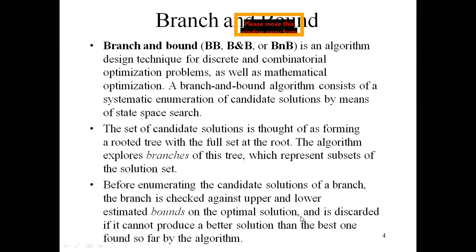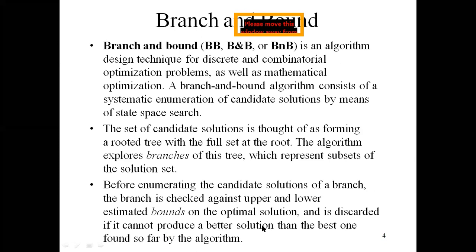So we are using the upper bound and the lower bound on the optimal solution. We have the upper and lower estimated bounds on the optimal solution, and the branch is discarded if it cannot produce a better solution than the best one found so far by the algorithm.